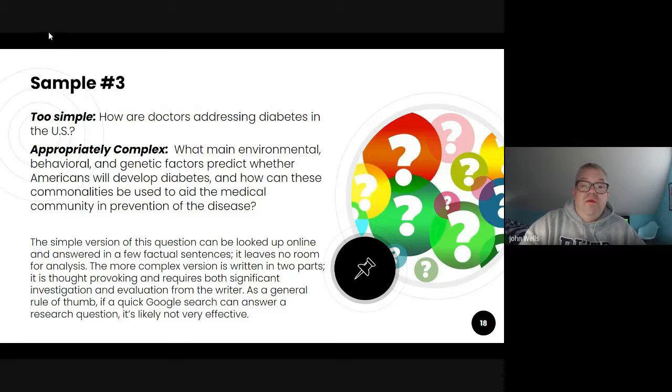So what we want to do is take our research question and all the information that we have and boil it down to something specific, focused, narrow, clear, yet a little bit complex. It allows us to do some research and then use that as our guide for our research.